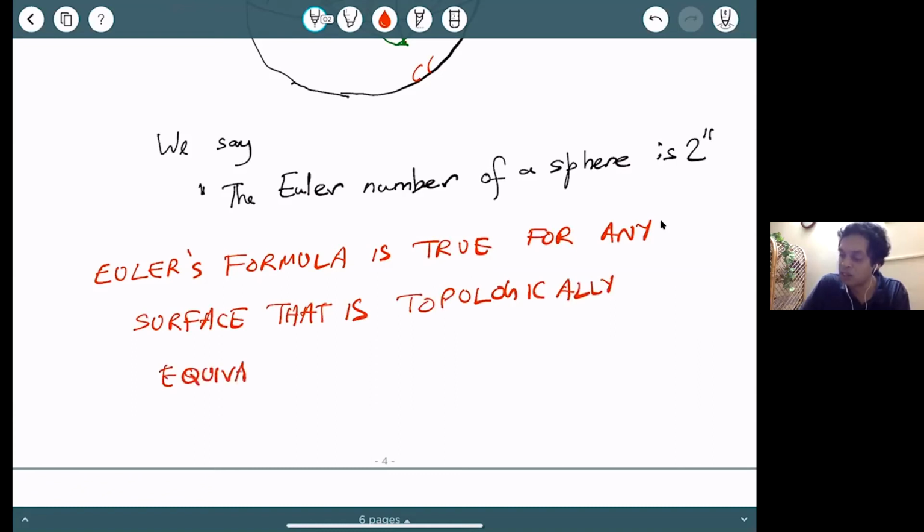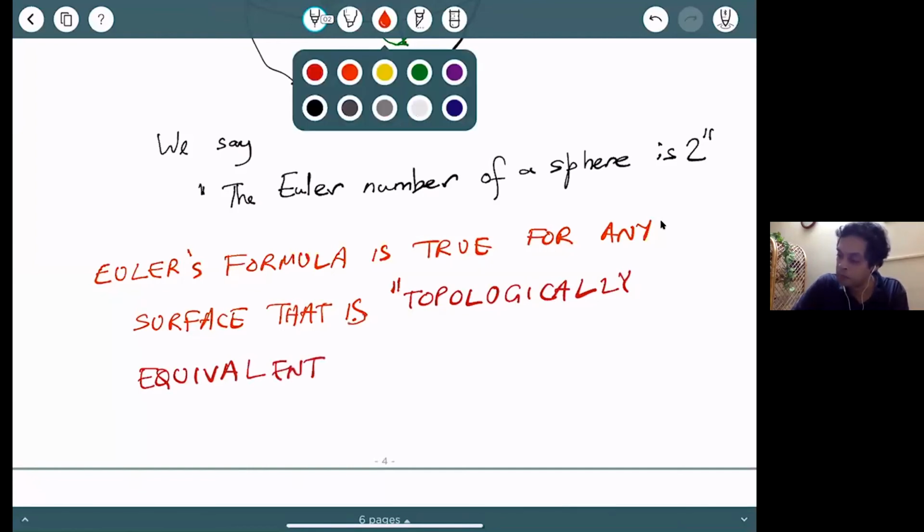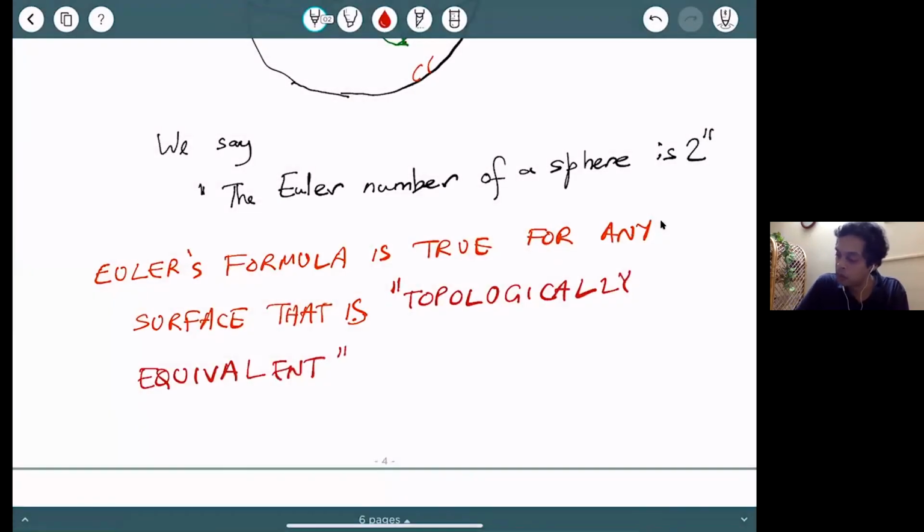Okay, and this is one of the notions that we'll have to learn as we go along in this course. This is going to be one of these important notions that you'll be learning: topologically equivalent to a sphere.